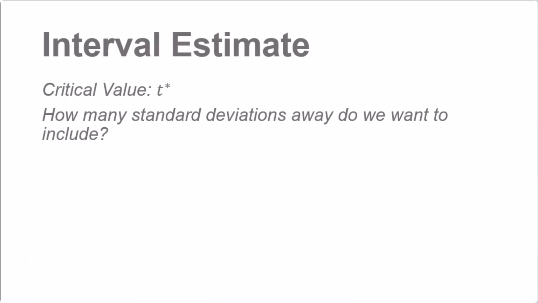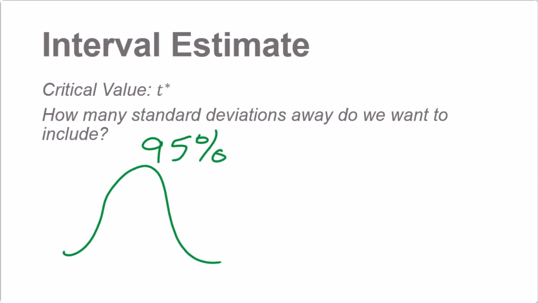Okay, so for this example, we wanted a 95% confidence interval. So we want to consider our t distribution, which again looks basically like a normal distribution. Imagine taking the middle 95% or area 0.95, and we're chopping off the tails of the distribution, an equal amount on both sides.